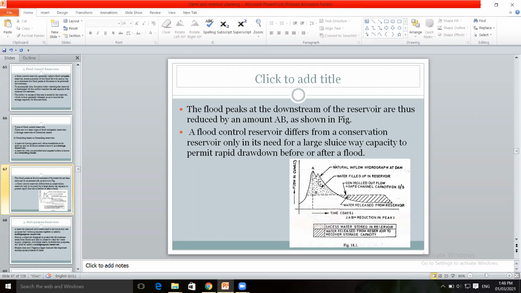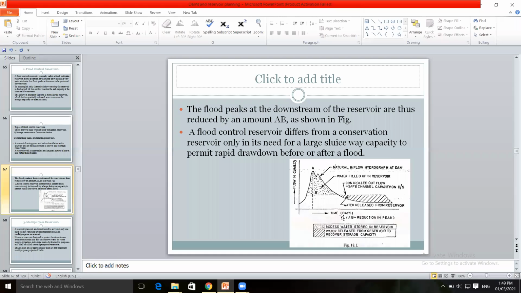This dotted portion is known as inflow in the reservoir, and after inflow the water is released from the reservoir and it will be shown in this hatch portion. Controlled outflow, water is released, that is shown in cumecs.